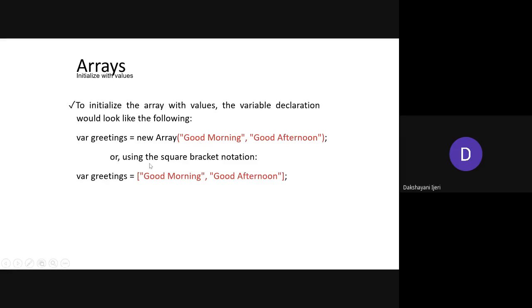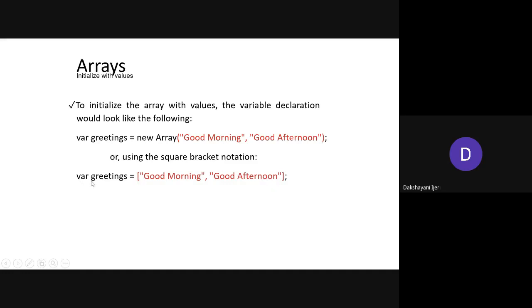One more method: once greetings has been created as an object of the array, you can take that variable, use the assignment symbol, and within the square brackets add the elements.